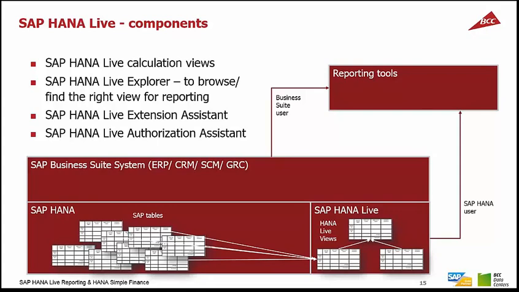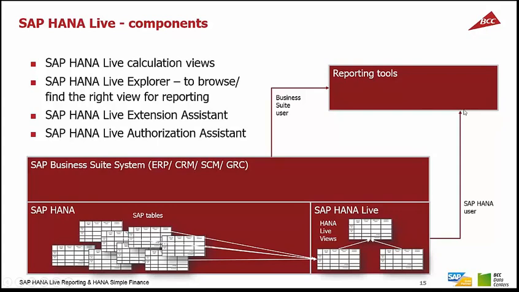So if you want to add some fields, for example, Z fields from these tables to SAP HANA views, the extension assistants can make it quite easy. And SAP HANA Live Authorization Assistant is a tool to help create authorization on the database level more easily on the base of existing ABAP authorization.